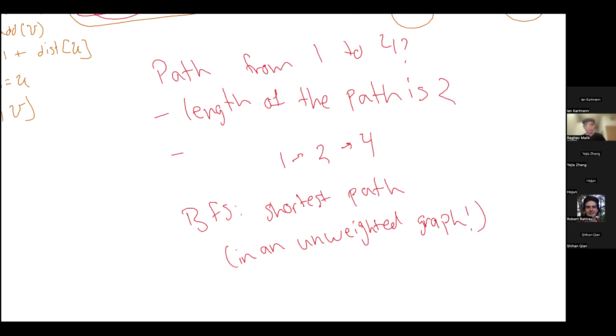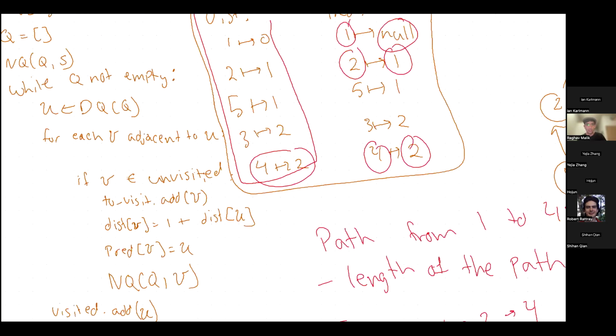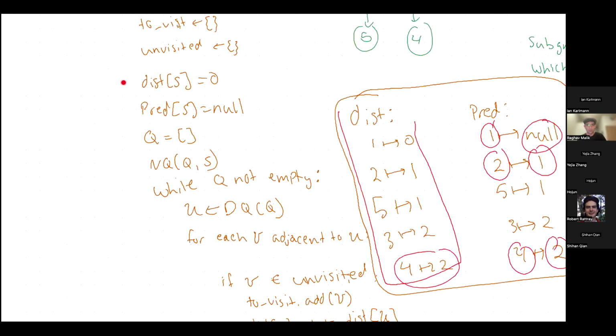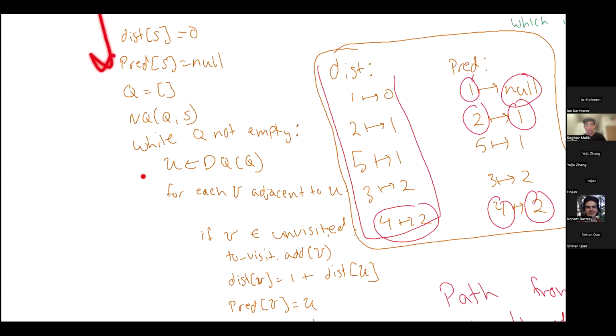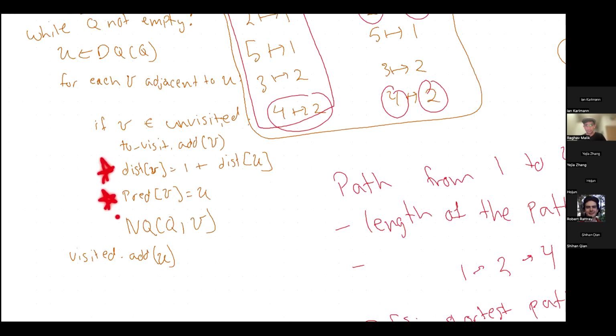Does this make sense? Do people follow the pseudocode here, and what we did with tracking the distances and the predecessors?